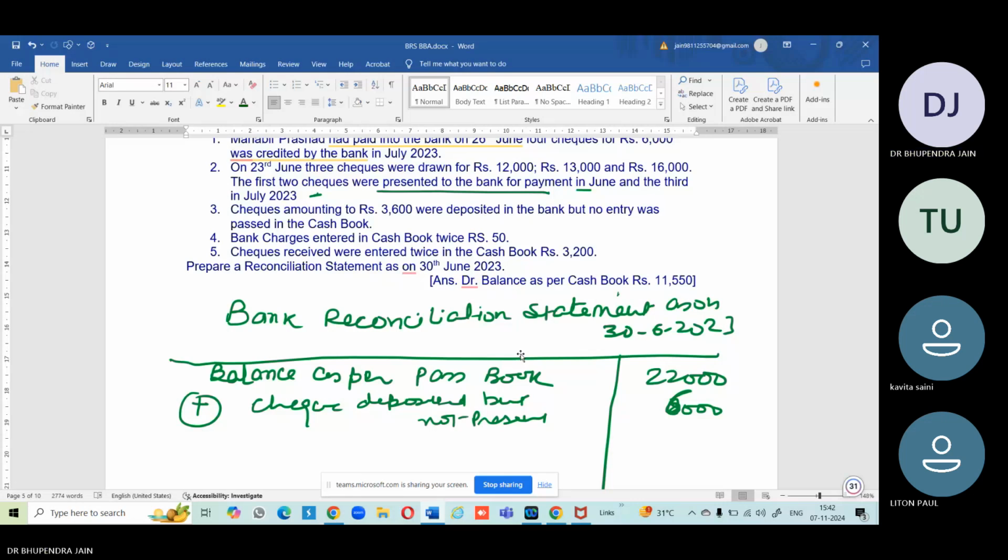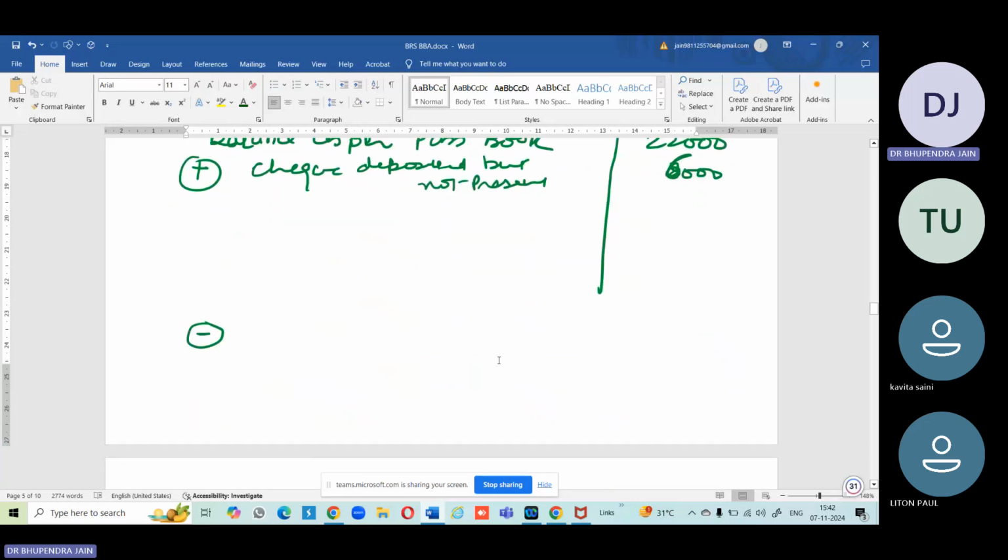But the bank only reduced the balance of 12,000 and 13,000 because the checks cleared up to the 30th June are only of rupees 12,000 and 13,000. Accountant have reduced the balance of 12,000, 13,000 and 16,000, but the bank have reduced the balance of only rupees 12,000, 13,000, so we have to reduce the balance of rupees 16,000 in the passbook because bank have not reduced the balance. Minus करेंगे बेटा.